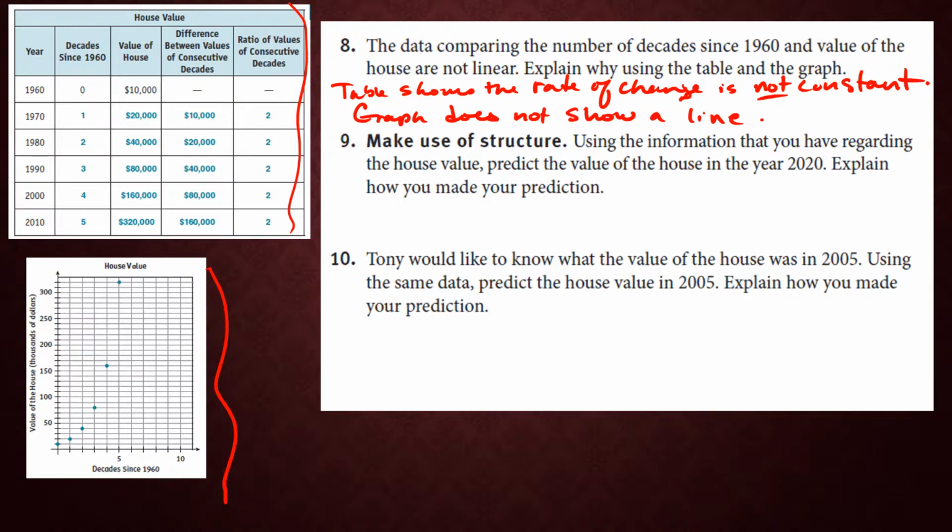So using the information we have regarding the house value, predict the value of the house in the year 2020. Explain how you made your prediction. So we already know it's worth, no wait, we know it's worth 320,000 in 2010.